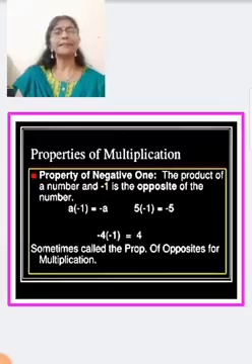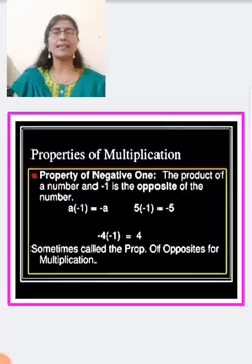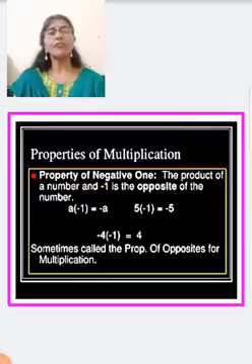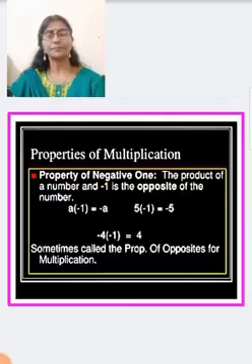Now next example, minus 4 multiplied by minus 1. Both are negative. So minus multiplied by minus is positive. And 4 multiplied by 1 is 4. Here the bracket means multiplication. Sometimes this property is also called as property of opposites for multiplication.